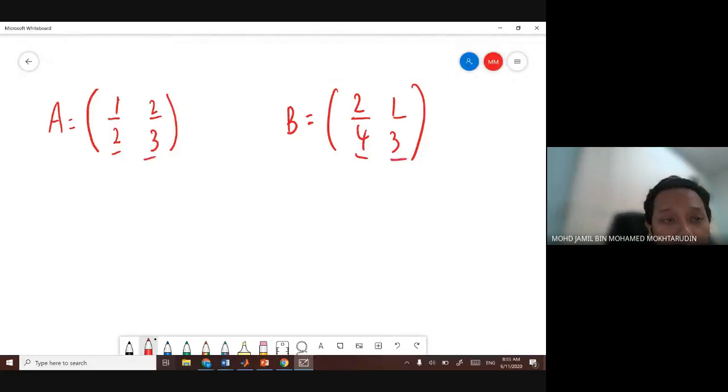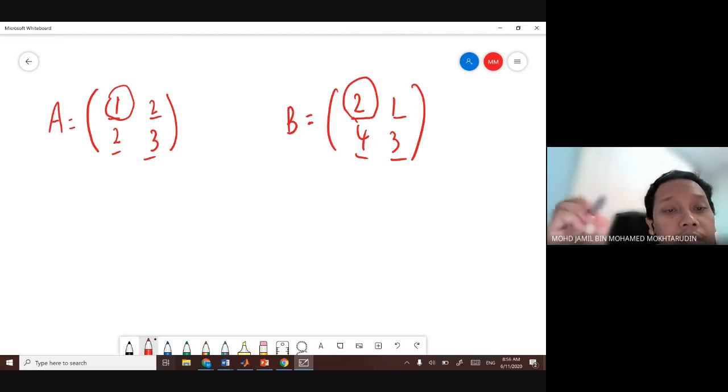So meaning that kita nak element wise multiplication. Setiap elemen sini kena multiply dengan kedudukan yang sama. Dua ni multiply with the same position of element. So we use dot star. So A dot star B.